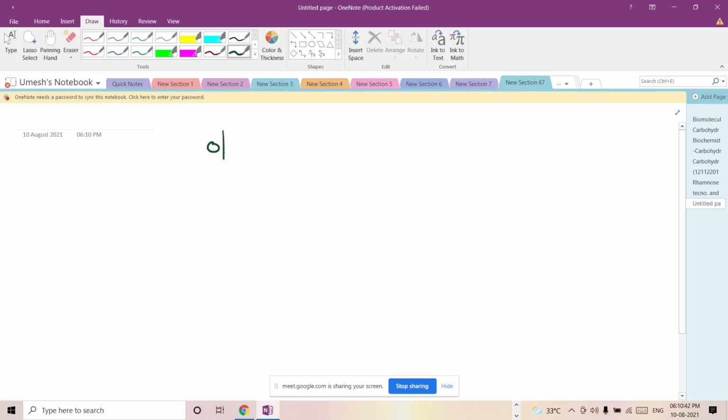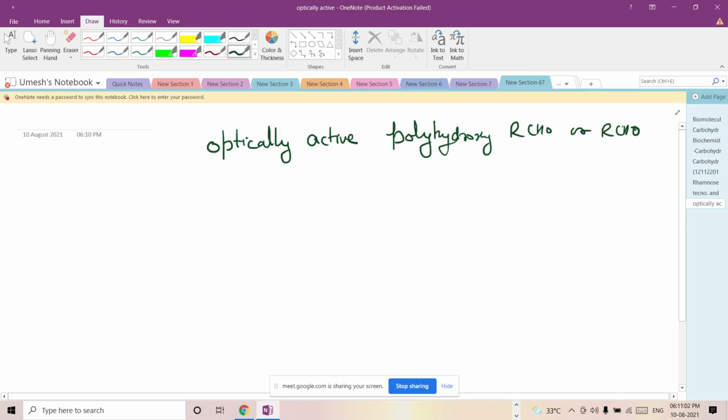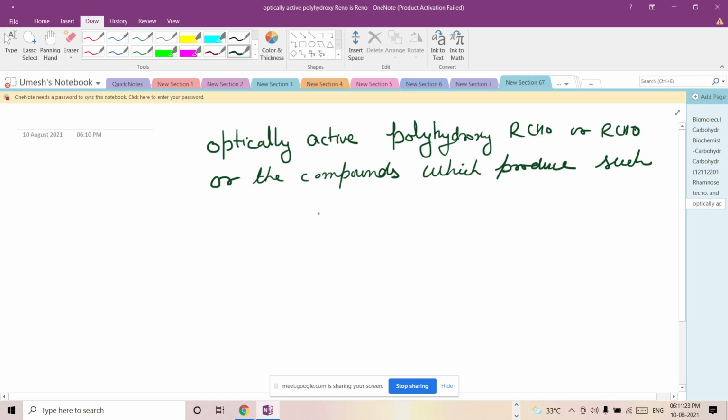Carbohydrates are optically active polyhydroxy aldehydes or ketones, or the compounds which produce such compounds on hydrolysis, are called carbohydrates.